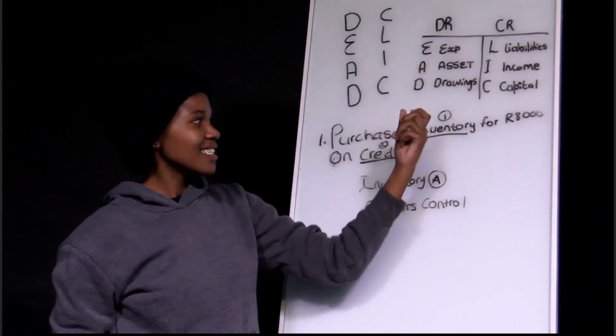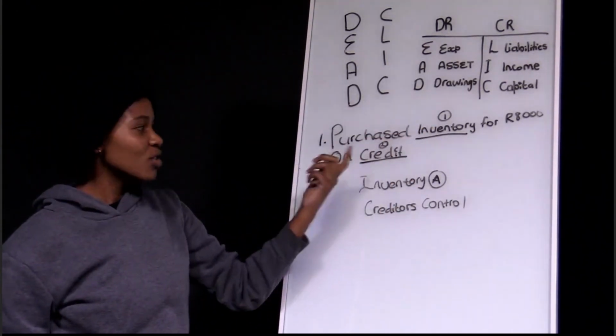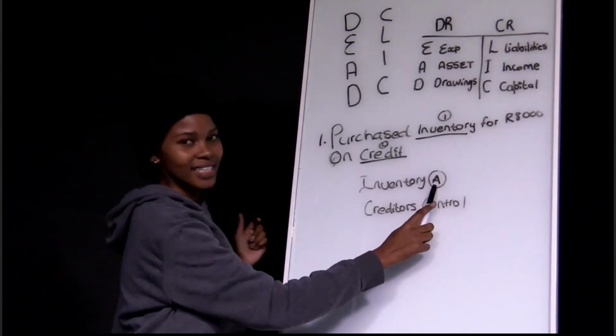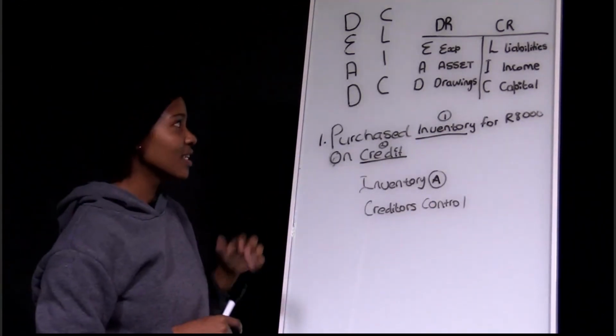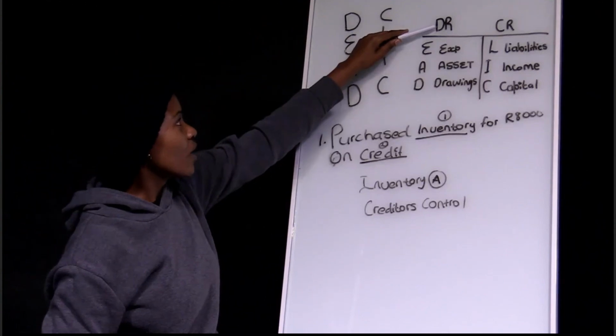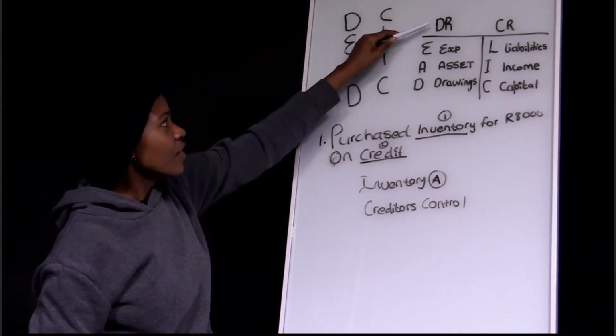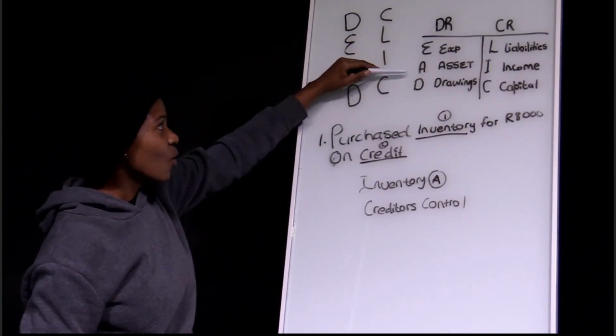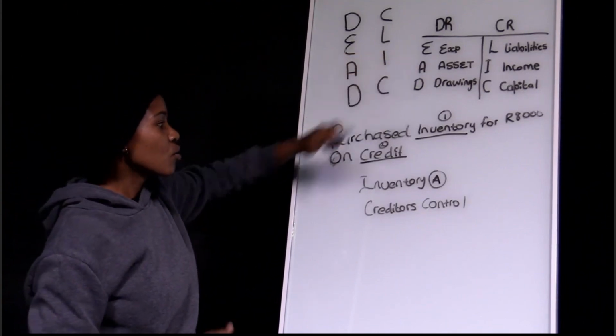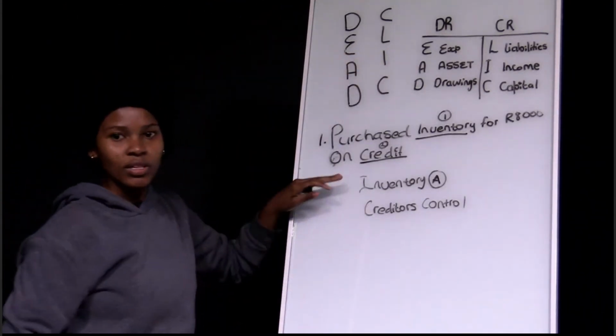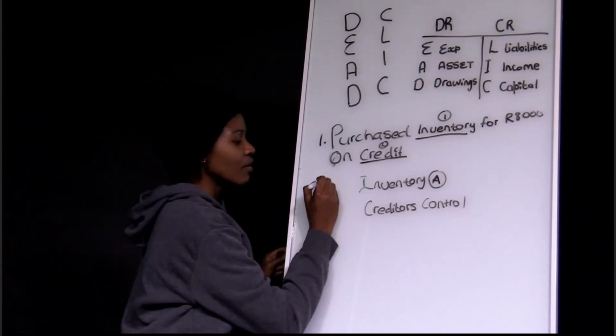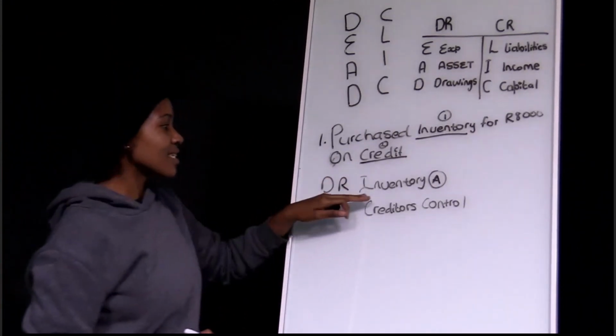Is inventory increasing or decreasing? Inventory is increasing, meaning that our assets are increasing. So already you know that the account between these two which will be debited is your inventory, because your assets are increasing.